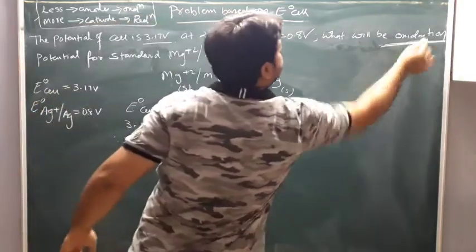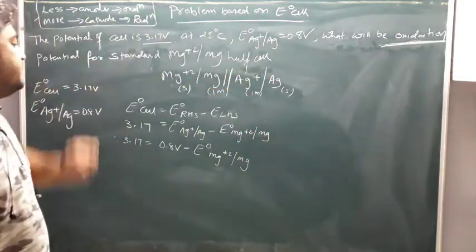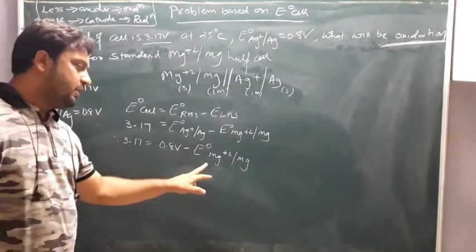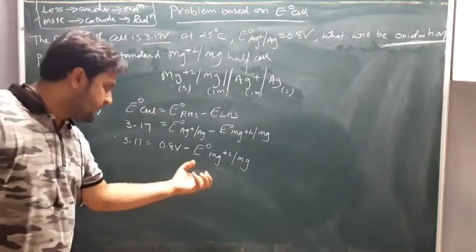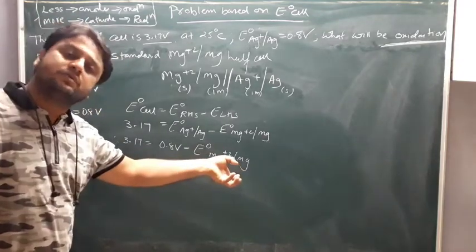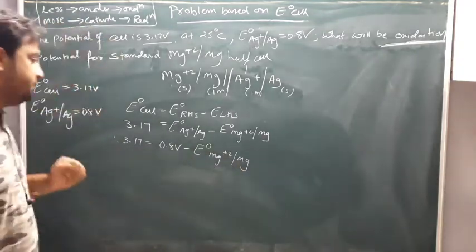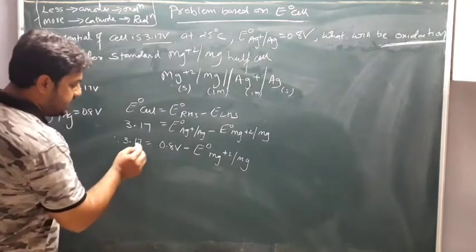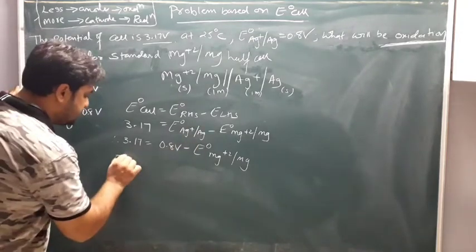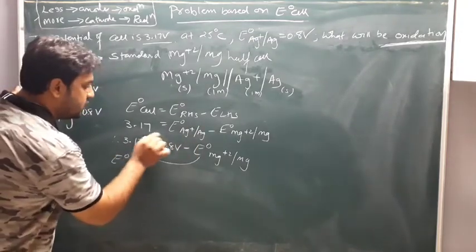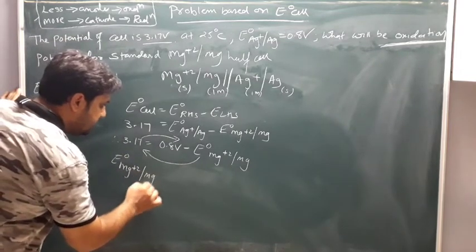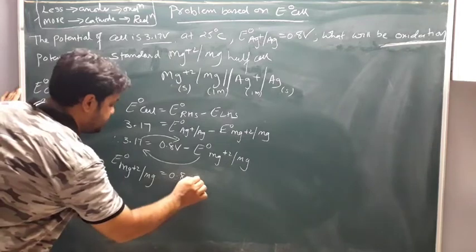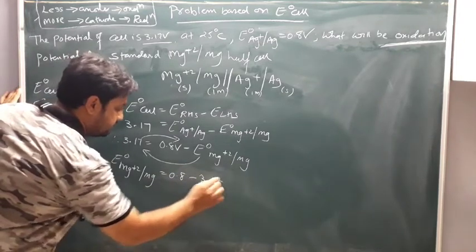I did what? I did oxidation potential for Mg. So here the value we get will be the reduction potential. So first I will determine the reduction potential value for Mg and then I will convert it into oxidation potential as per the formula. So this portion will come here and that portion will go to that side. So E0 Mg plus 2 slash Mg equals 0.8 minus 3.17.